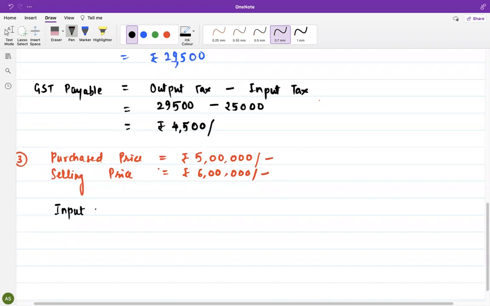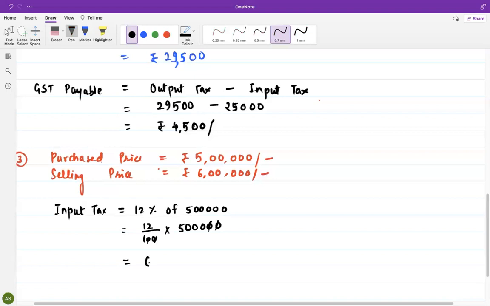Input tax will be 12%, given in the question. So 12% of 5 lakh, that is 12 upon 100 into 5 lakh. 20 gets cancelled. So 12 5s are 60 and 30. So rupees 60,000 is your input tax.